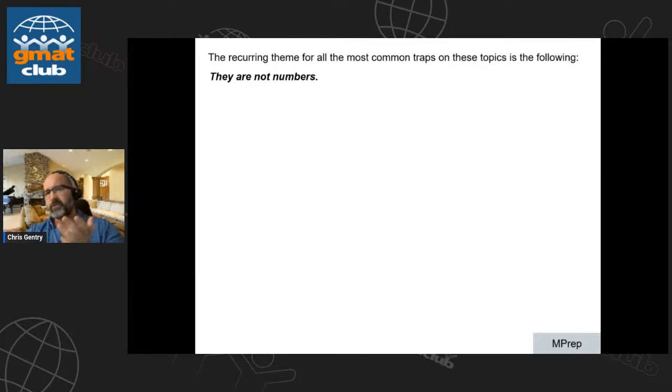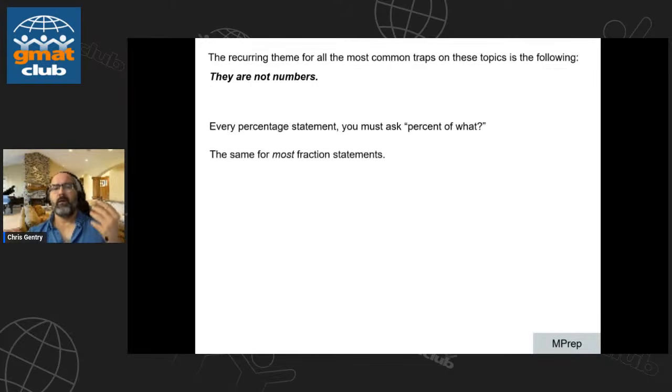Every percentage, you need to ask percent of what? That's mostly true for fractions. It's very true for fractions in story-based problems, like in that one about Sally and her pay and her taxes. She keeps 4/5 of her pay. 4/5 of what? Make sure you have that on your paper.